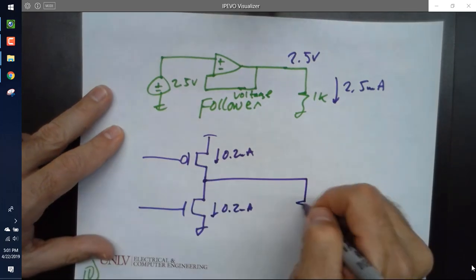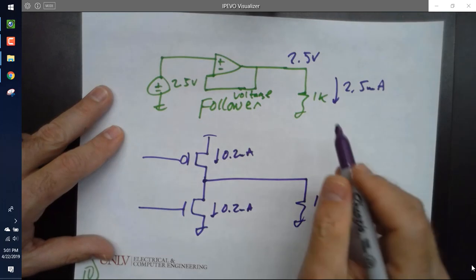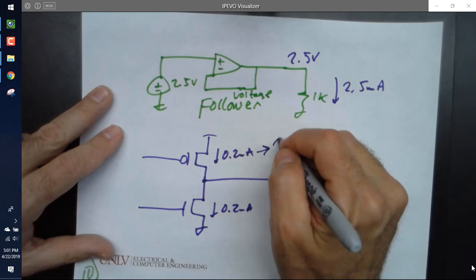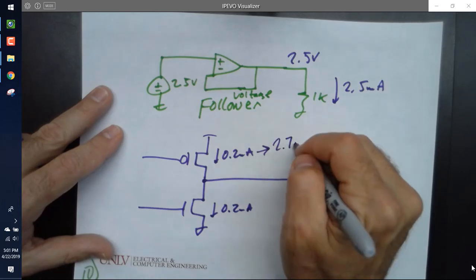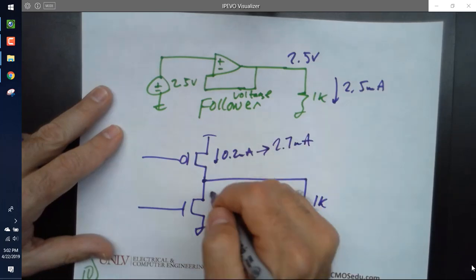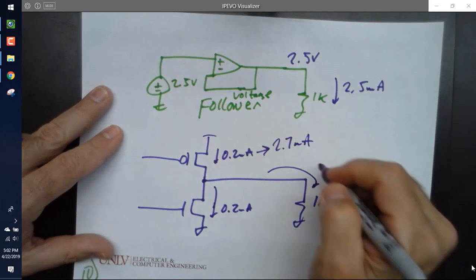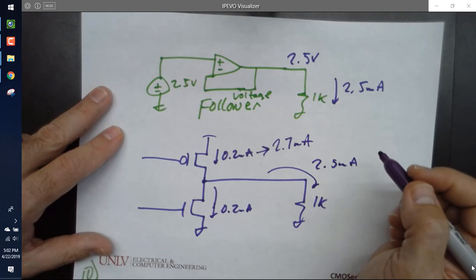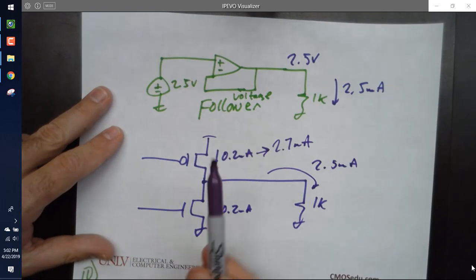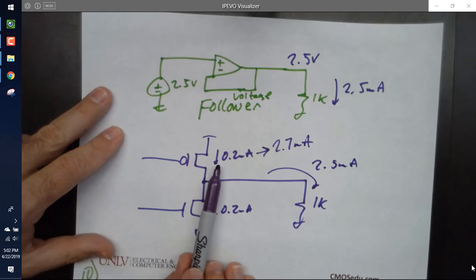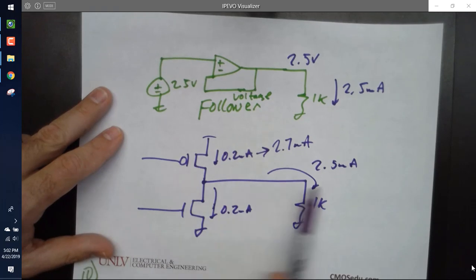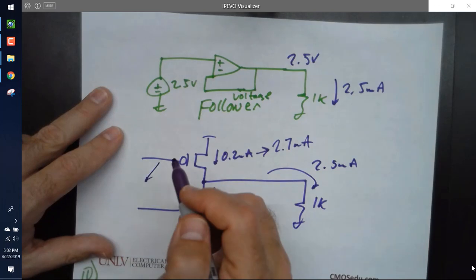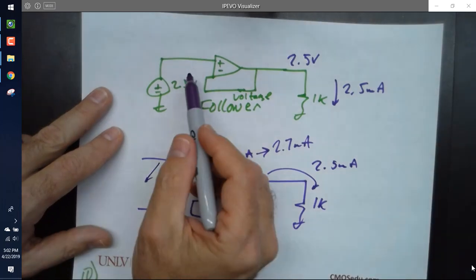Now I've connected up a 1K resistor, and now this has to go to, in steady state, roughly 2.7 milliamps. I got the 0.2 going here, and then I got the 2.5 milliamps going there. So if you size it up only by 10, that may not be enough to supply this. And so this voltage has to go way down. And then that means that your gain's going to drop.